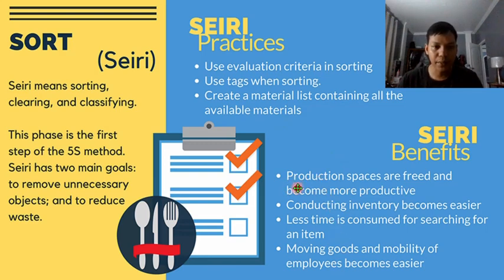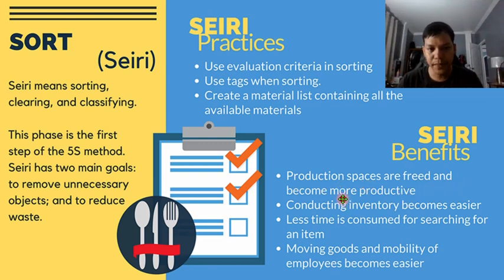The production spaces are freed and become more productive. It is freed because we will eliminate the unnecessary objects. For example, if we are in a room, we need to remove the unnecessary objects. If we remove them, our space is more freed and becomes more productive.